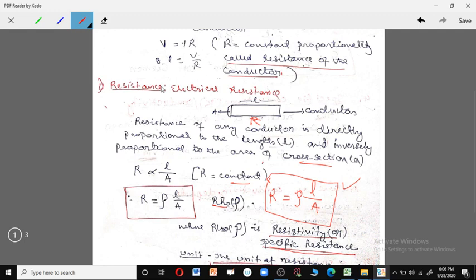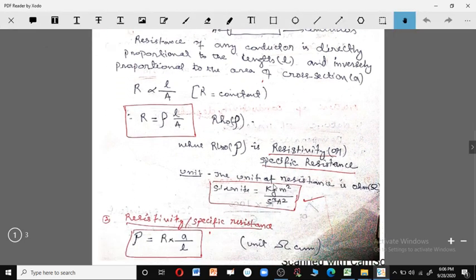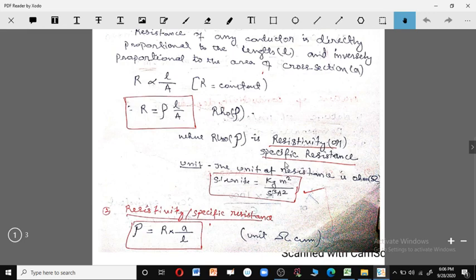Sometimes you will come across it in calculations of resistance, specific resistance or resistivity. It is denoted by rho. So R equals rho l by A.